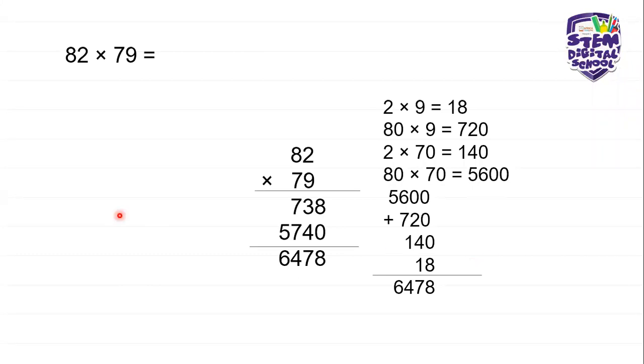What happens is that, that's why I said you can either do the repeated addition or you're going to find yourself doing this. So as I was saying, you have really big numbers, like 82 multiplied by 79.